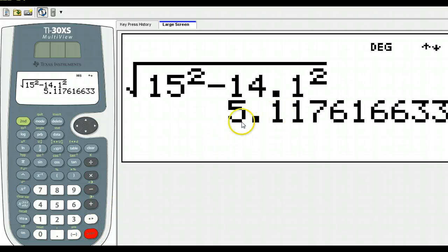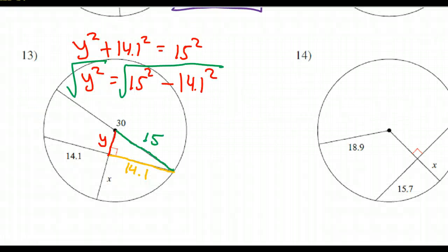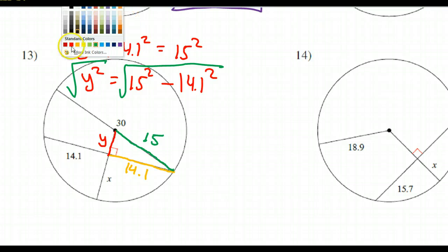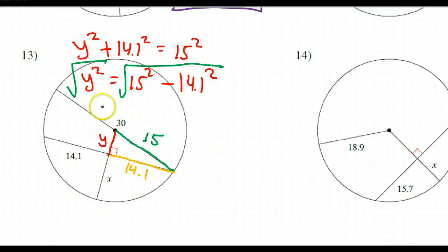So I'm getting approximately 5.1 out of that. Okay, so that's what I'm always talking about when I say just type it in your calculator. So that's giving me y equals approximately 5.1. So I'm just going to erase that and put it right there for a second.